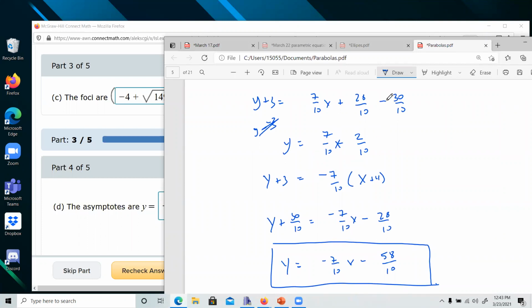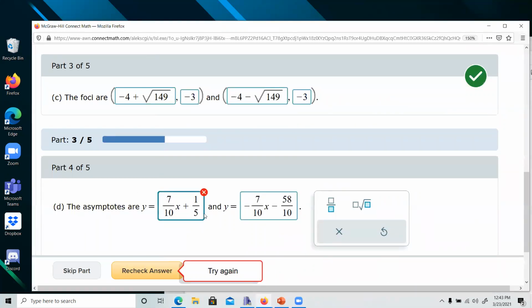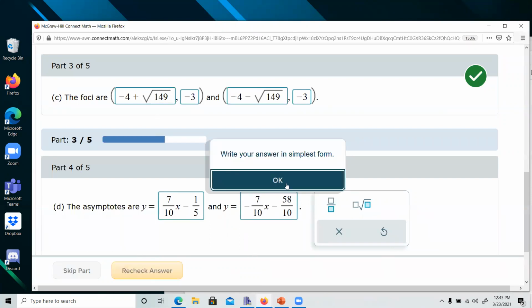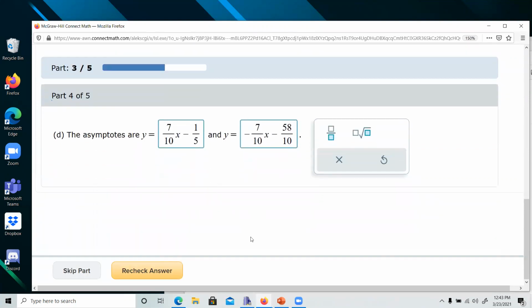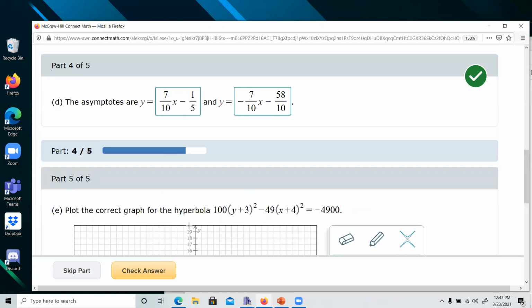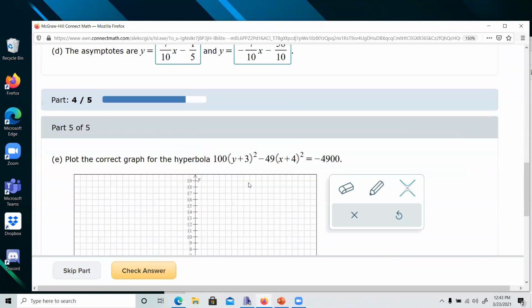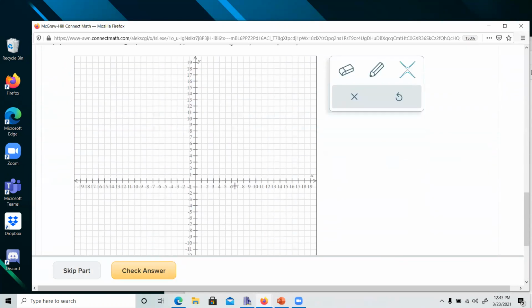It was a minus, 28 minus. Simplest form. I think I did. Oh, okay.